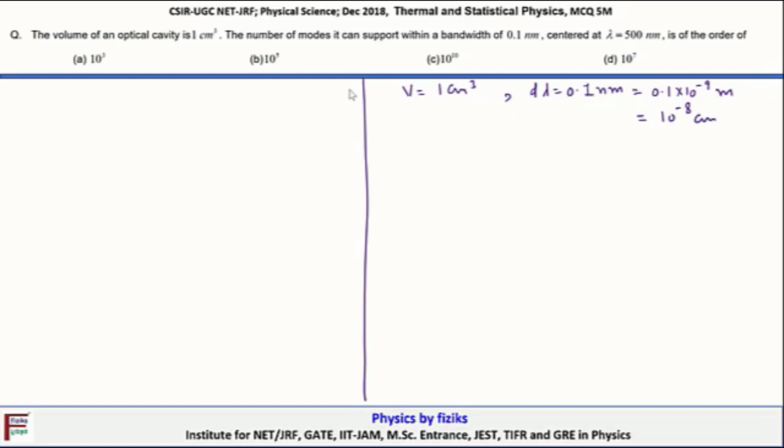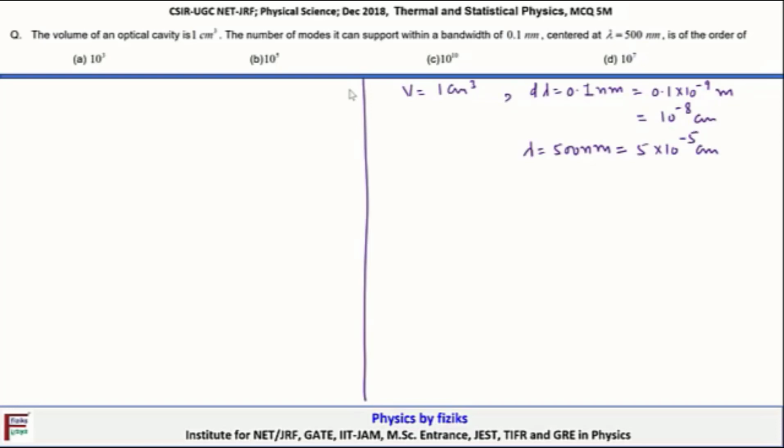Okay, what else is given to us? The centered at lambda is equal to 500 nanometer. So we are given the wavelength lambda, that is 500 nanometer, and this can be translated into centimeters, which comes out to be 5 into 10 power minus 5 centimeter.